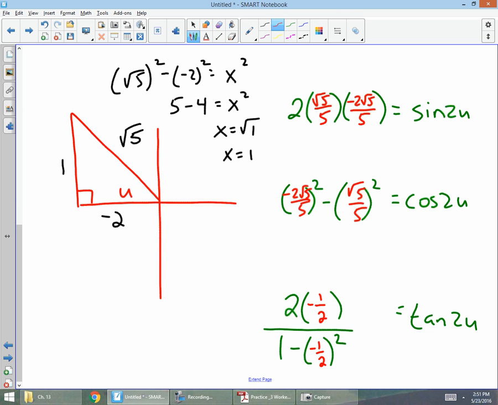And now I'm ready to actually do the work. Okay, so this becomes negative 4 multiplied by 5 over 25, which is just negative 20 over 25.